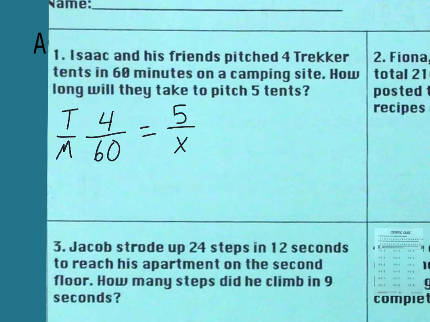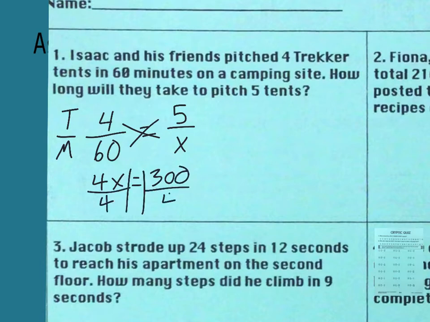So we could use the proportion way to do this if we wanted to, and go 4 times x, and then 5 times 60, which is 300. Then we're going to divide by 4 on both sides. So we're going to go 300 divided by 4.